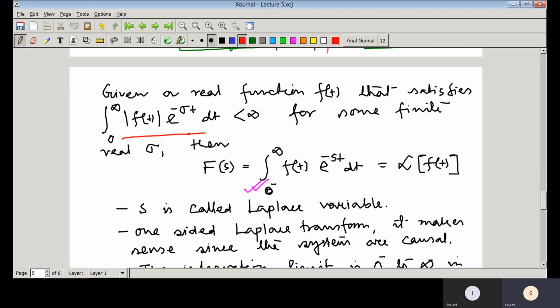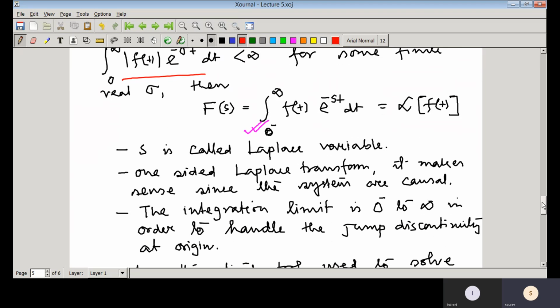We can take some functions which are not Laplace transformable, like say f(t) equal to e to the power a t to the power n. That is not Laplace transformable, but practically that type of signal does not exist. So mathematically we can have many functions which are not Laplace transformable, but practically almost all functions are Laplace transformable.